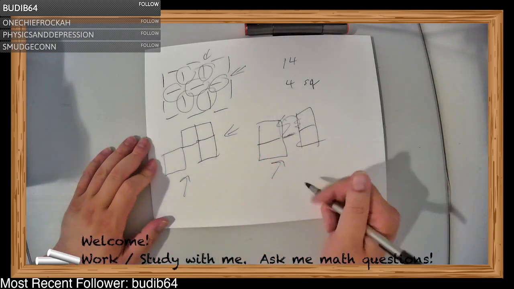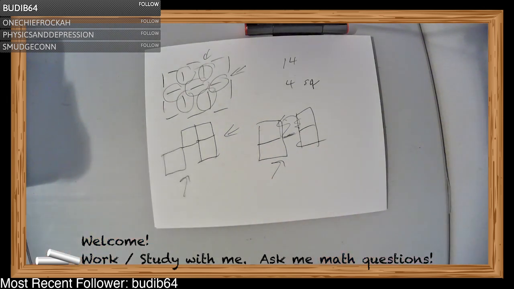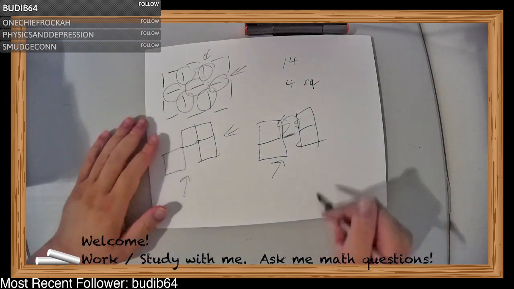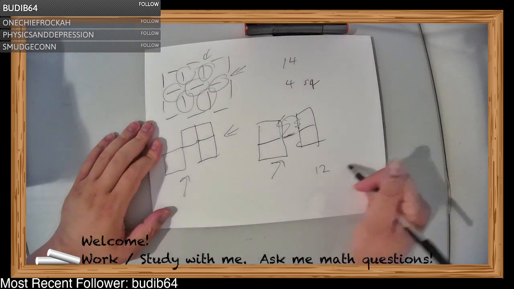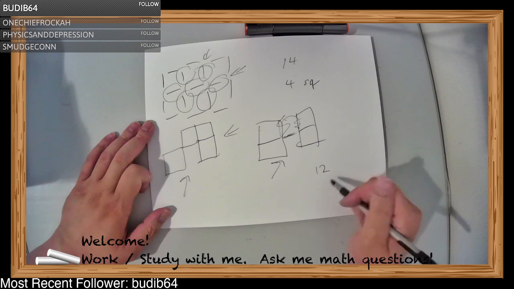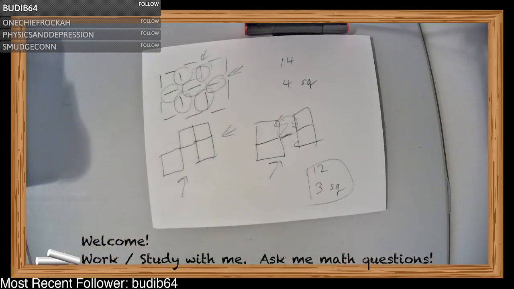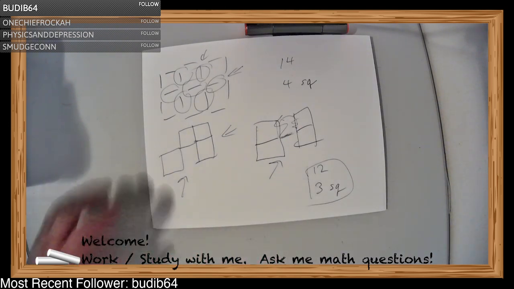The other one was take away five toothpicks and leave three squares. That is the same as saying you have 12 toothpicks, and we want to leave three squares. Well, that implies that none of the squares share a toothpick.